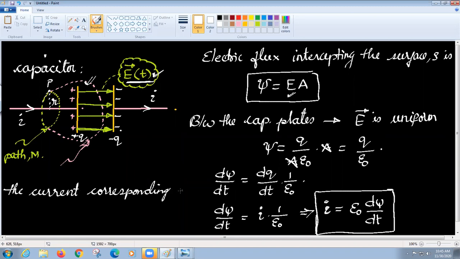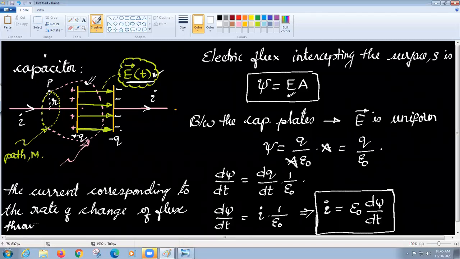The current corresponding to the rate of change of flux through the surface, yes, is which current here?